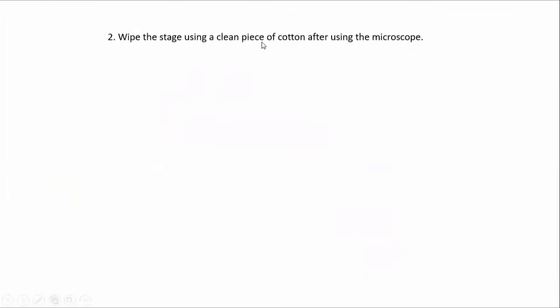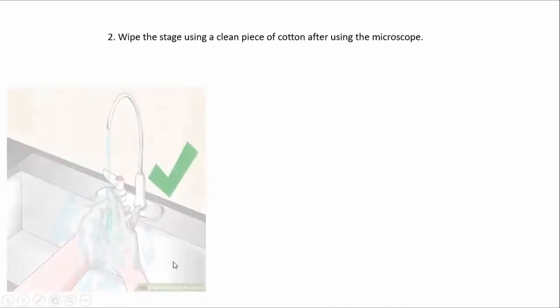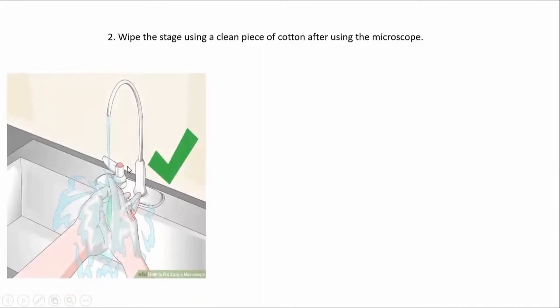Wipe the stage using a clean piece of cotton after using the microscope. You don't necessarily have to use only a clean piece of cotton while you're wiping your microscope. You can use a clean piece of cloth or even a clean piece of tissue.